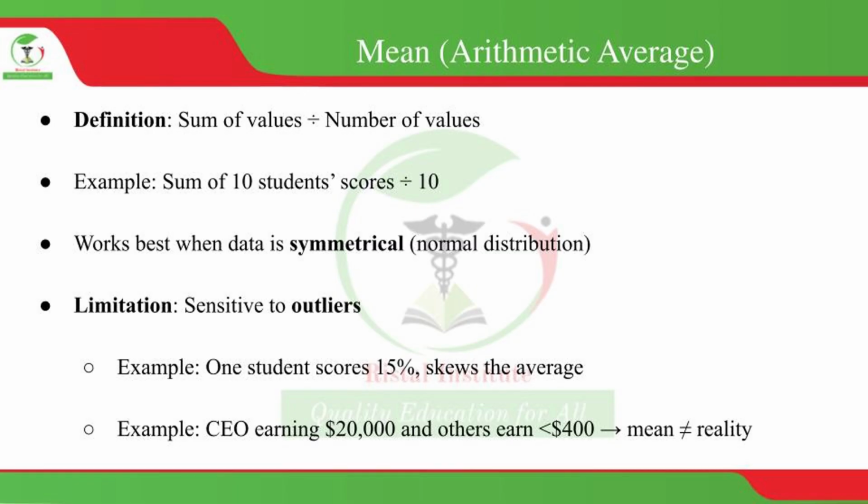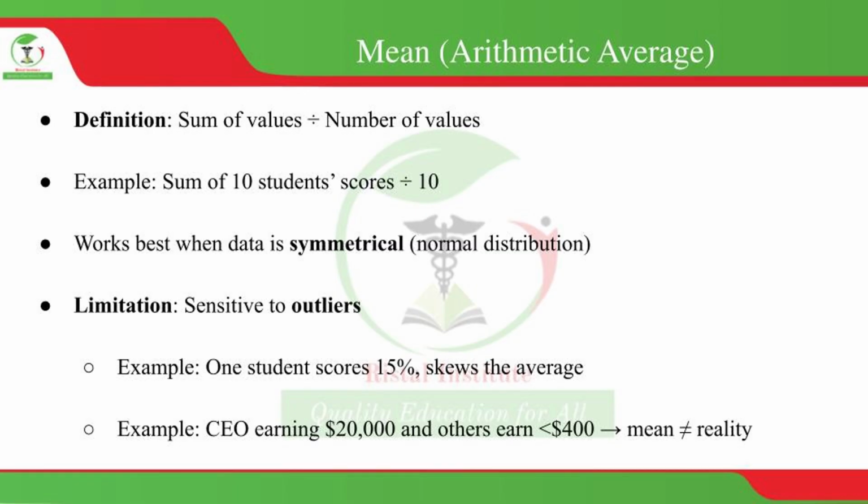So if you have 10 students who sat for a test, you add their marks and divide by the number of students, and you get the average score, or the mean score.